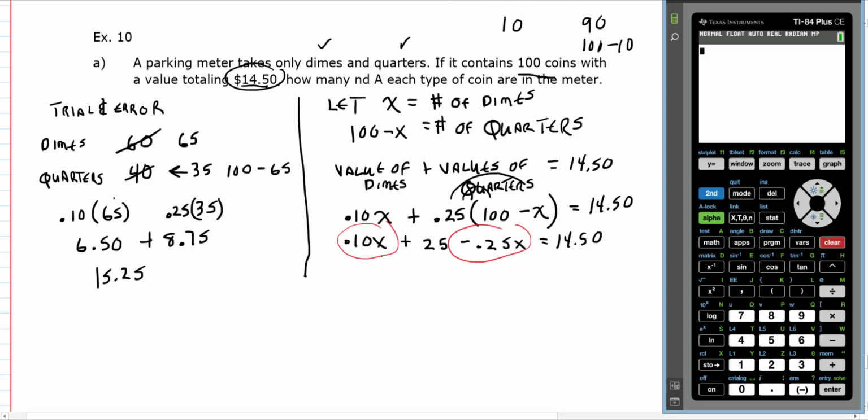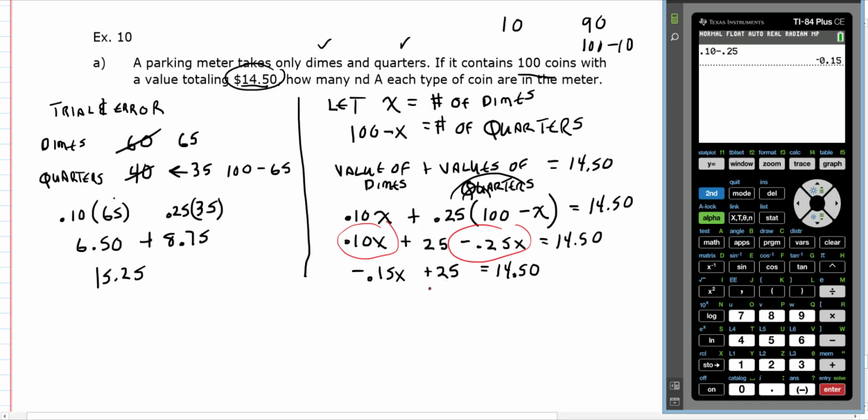You can use your calculator if you feel like you need to. We just take 10 cents minus 25 cents, which would leave you in the hole by 15 cents. So that's going to be negative 0.15x plus 25 is equal to $14.50.